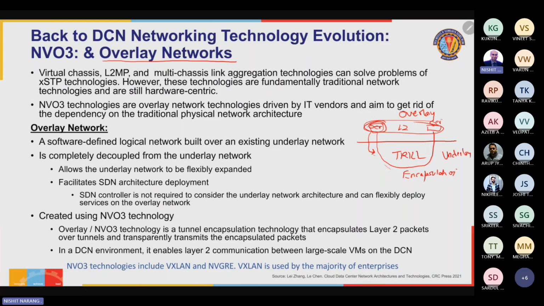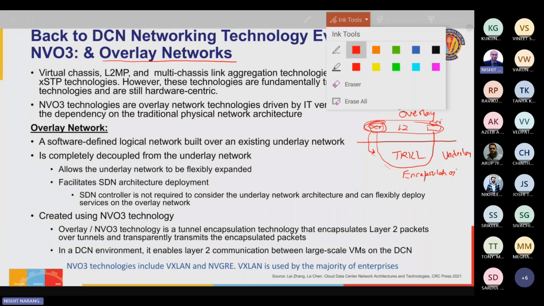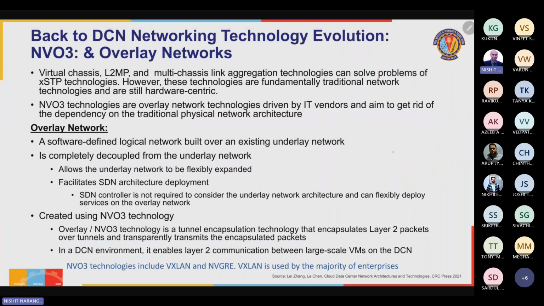Okay? In NVO3, we are doing it slightly differently. Instead of this, we have an underlay data center network that uses the Clos topology and layer 3 networking. So it's a layer 3 Clos network, which is the underlay network. And on top, I don't care about the overlay.